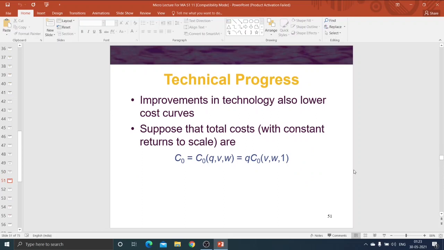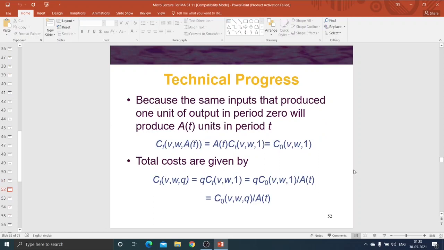Okay, so if that is the case, then we'll move towards the technical progress issue. Improvement in technology also lowers the cost curve. Suppose that total cost with constant returns to scale is C0(Q,V,W), which is equal to Q·C0(V,W). Why is this?